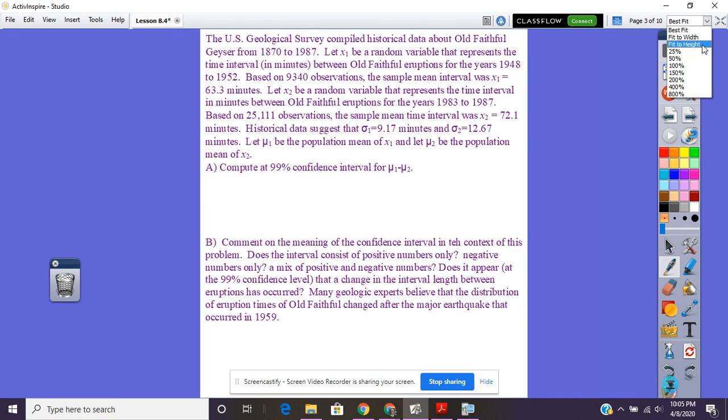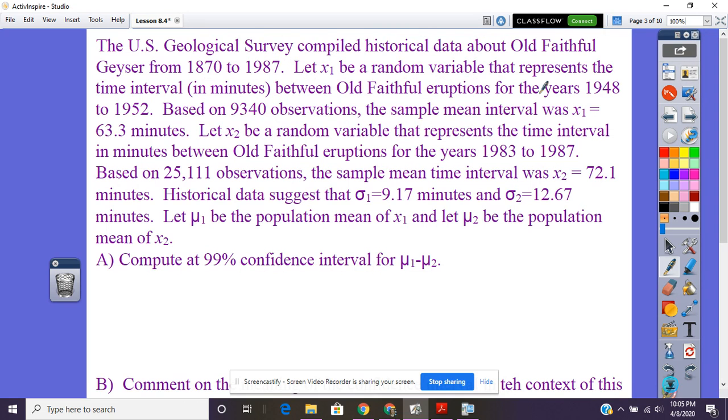So let's do an example with this. I'm going to make this fit a little bit nicer. All right, the U.S. Geological Survey compiled historical data about Old Faithful geyser from 1870 to 1987. Let x1 be a random variable that represents the time interval in minutes between Old Faithful eruptions for the years 1948 to 1952. Based on 9,340 observations, the sample mean interval was, for this first sample, 63.3 minutes.